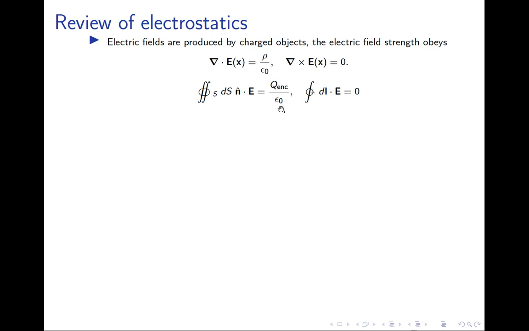However, there is another important distinction between various units used in electromagnetism, which is the idea of a rationalized system of units versus a non-rationalized system of units. If you look at these equations, the differential and integral versions of Gauss law and curl vanishing, nowhere do any factors of 4 pi appear.